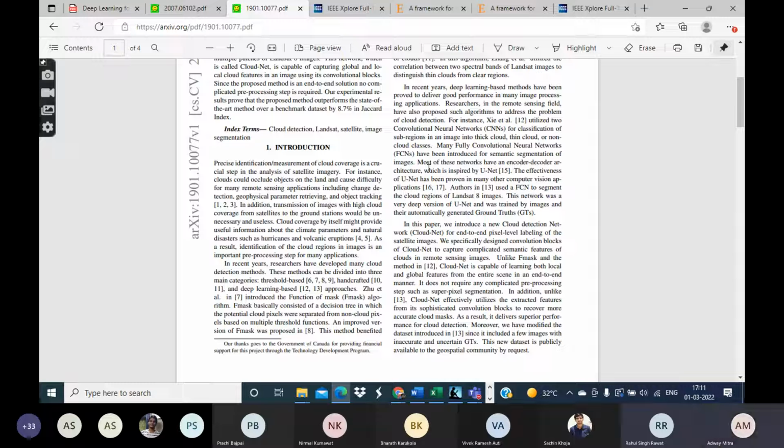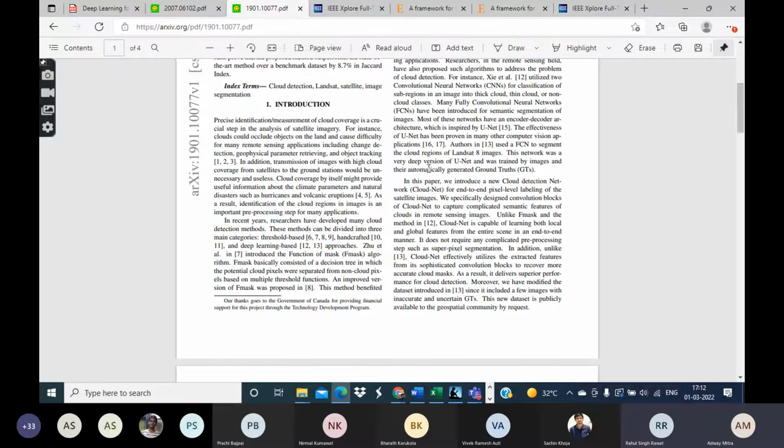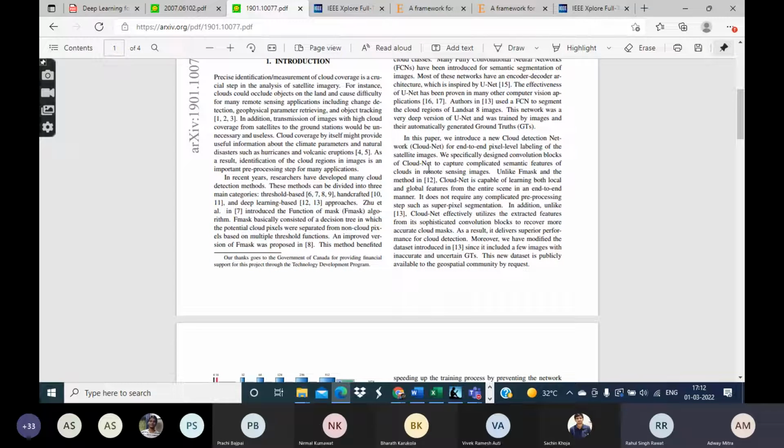The effectiveness of UNet has been proven in many other computer vision applications also. Authors in 13 use an FCN to segment the cloud regions of Landsat 8 images. This network was a very deep version of UNet and was trained by images and their automatically generated ground truths.